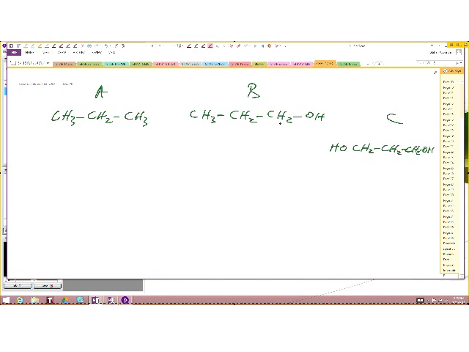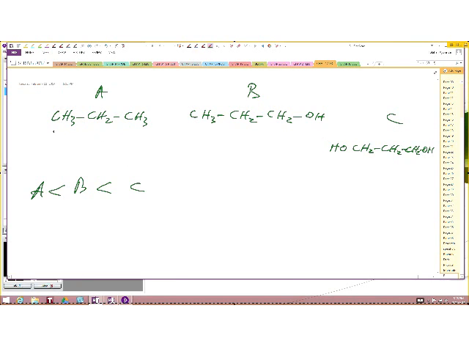Which will be the lowest and which will be the highest? Which will be the lowest? A, very good. And then B, and then C. Why? Because C will have greater hydrogen bonding than A, exactly.